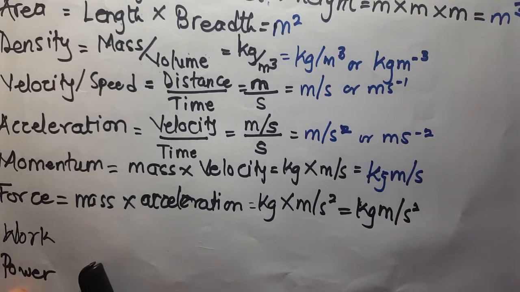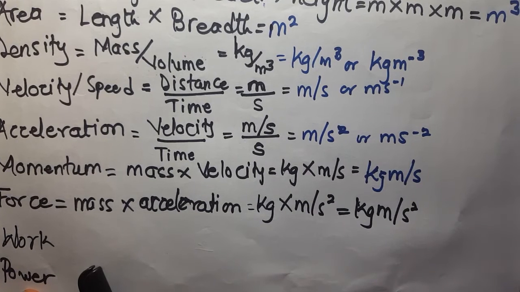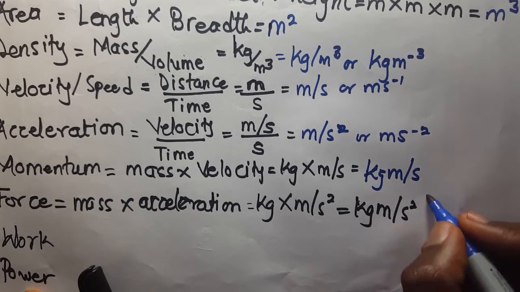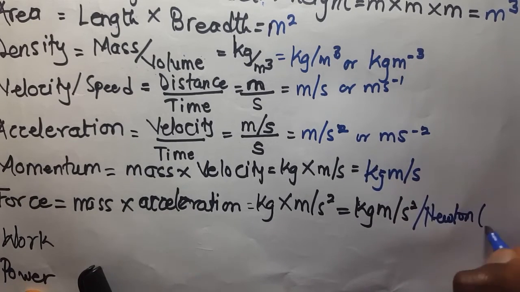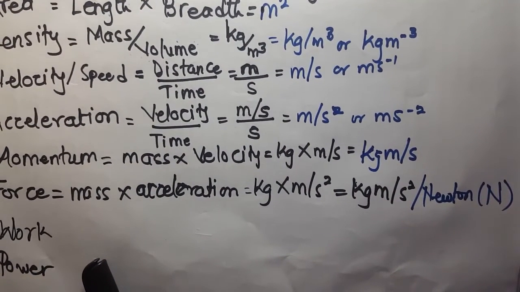But the one thing you need to know is that there is the SI unit and there is the unit you can generate. The SI unit of force is Newton. So Newton is preferred, and the symbol is capital N. It means Isaac Newton came up with force.